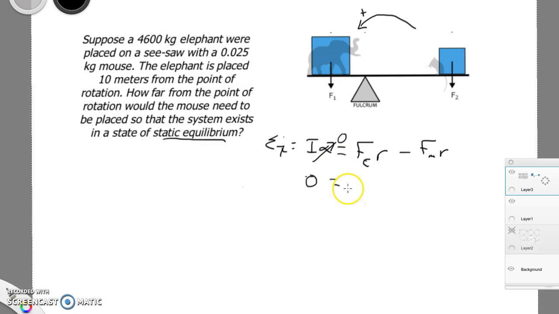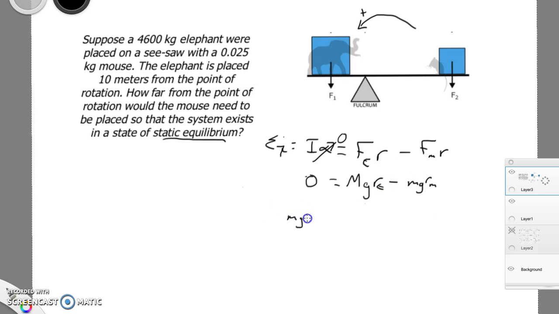Okay, the force from the elephant would be the weight of the elephant, so we'll use big M for the elephant's mass. So Mg times r for the elephant minus little mg times r for the mouse. Okay, we add that over.